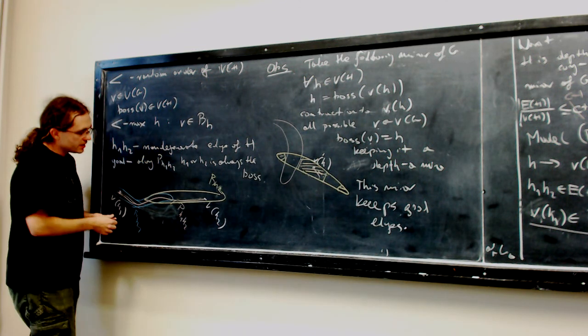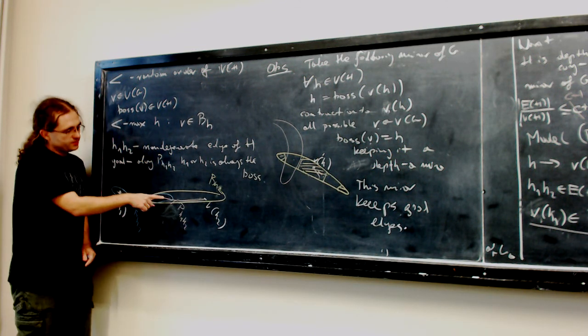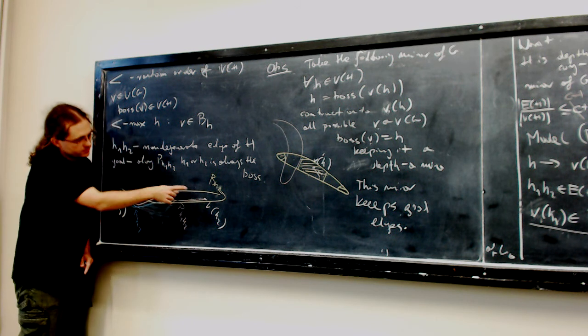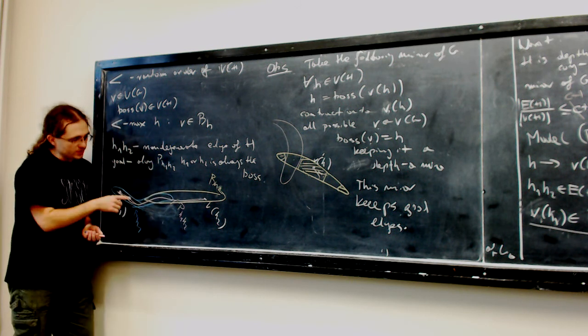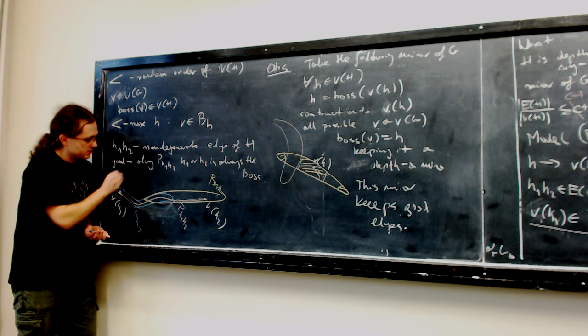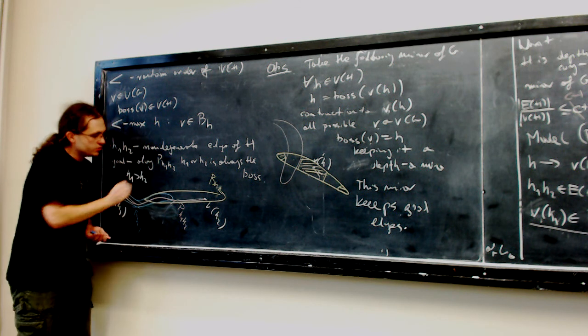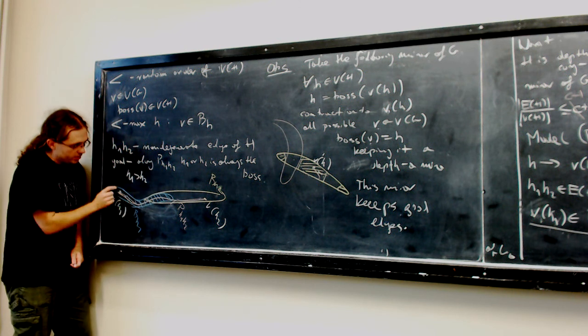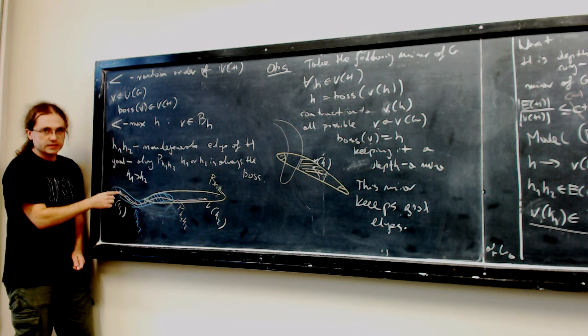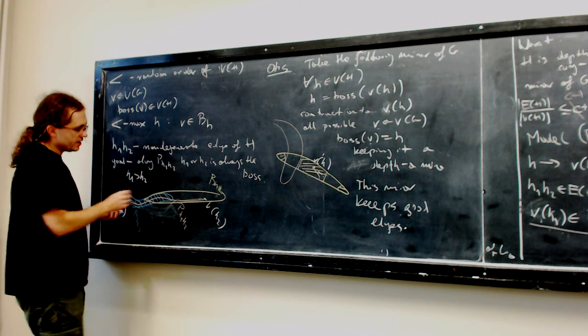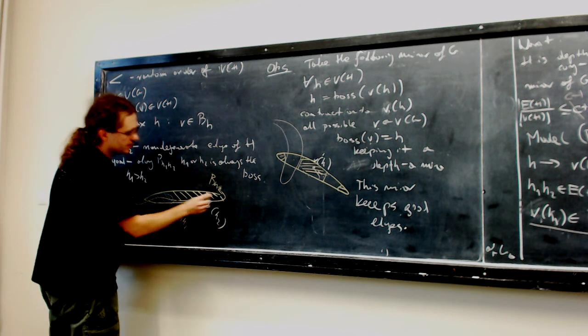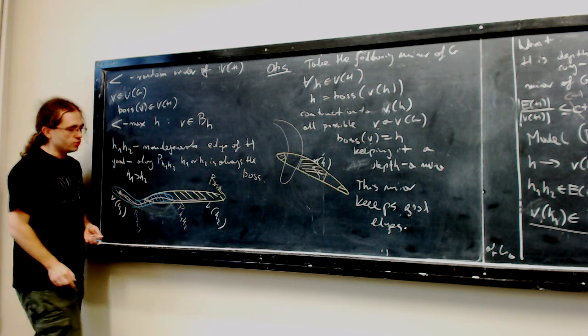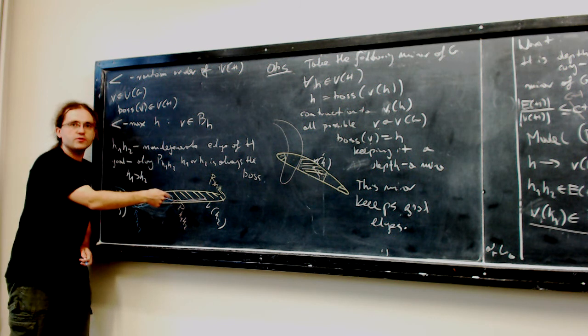Let's say that blue has got higher priority than orange, that H1 has got higher priority than H2. And everywhere here, H1 is the boss, so this one gets contracted here. Everywhere here, H2 is the boss, so this one got contracted onto H2, which means that this edge will be a real edge in this minor. We can keep this edge in the minor.